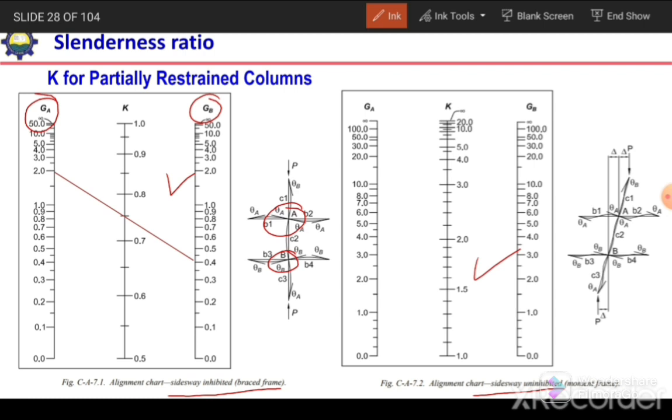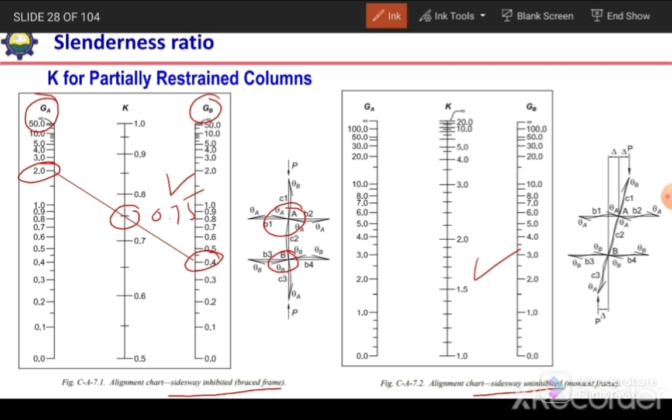And then we need to align these values. This is the alignment chart. So for example, we have a GA value 2 and GB value 0.4. So we will join these 2 points with a straight line, and the point at which this line intersects this intermediate scale, which corresponds to k, will give us the k value. So here we see its value will be 0.75. So k will be 0.75 in this case.